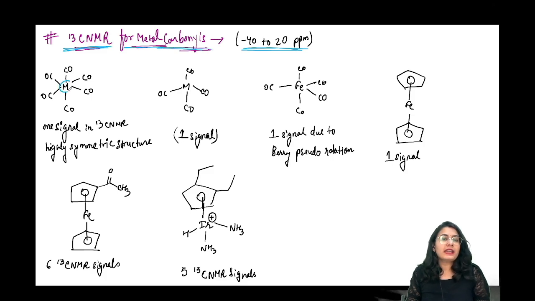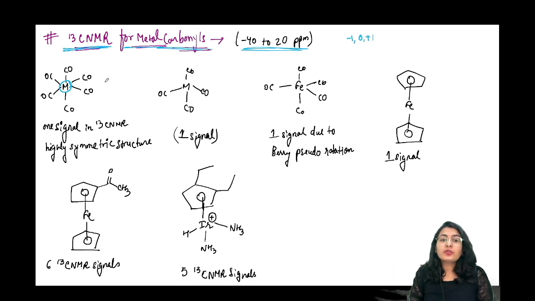Here you see that the metal is in the zero oxidation state. Whenever you form a metal carbonyl, either it is 0 or +1, or -1 it can be. It does not usually go to +2, because carbonyl is a pi acceptor and it will favor the formation of a lower oxidation state of the metal.